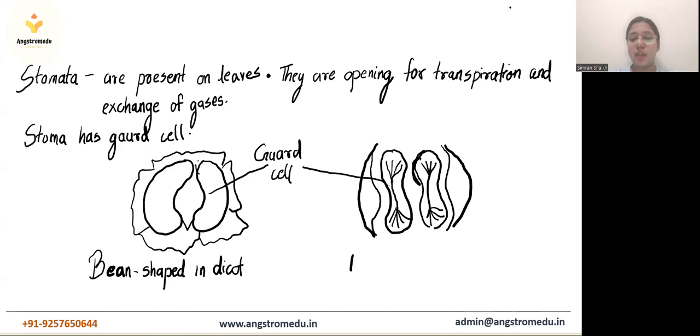So they are dumbbell-like structures in monocots. You know monocotyledon, dicotyledon.